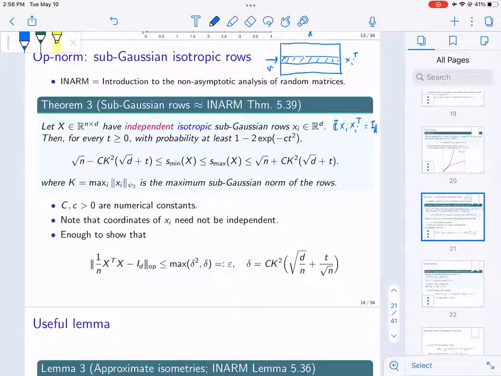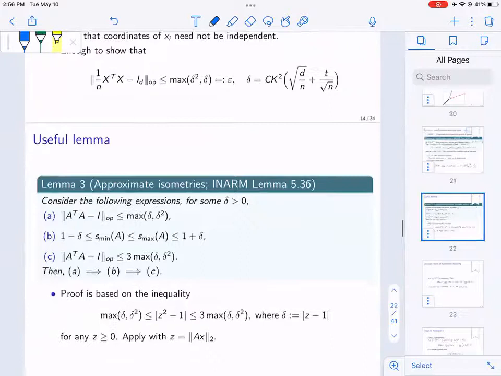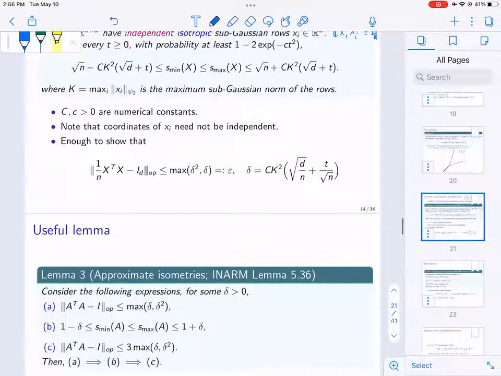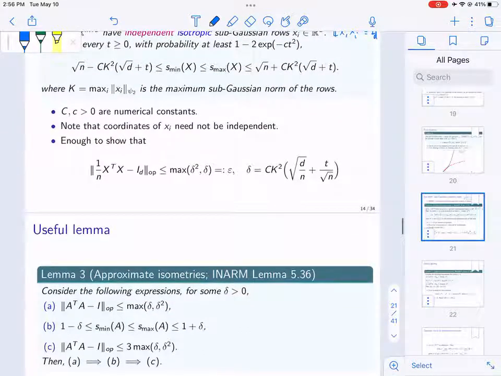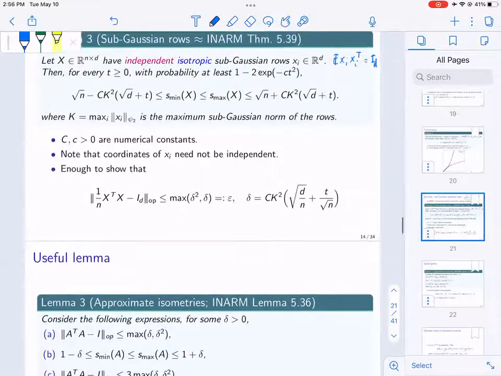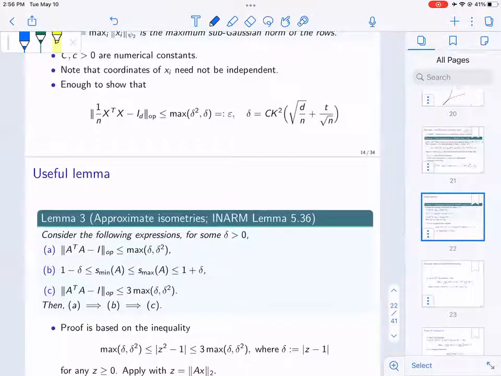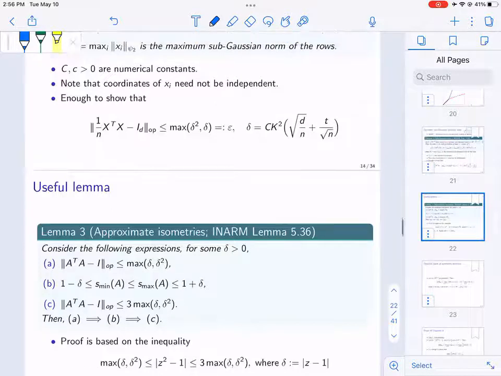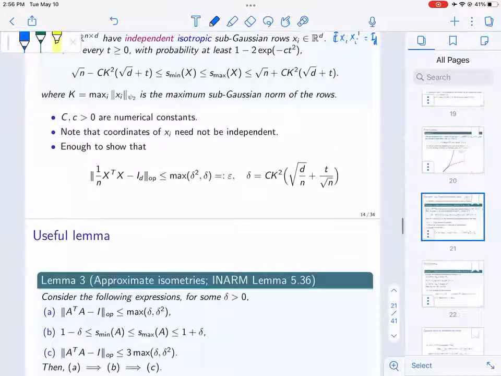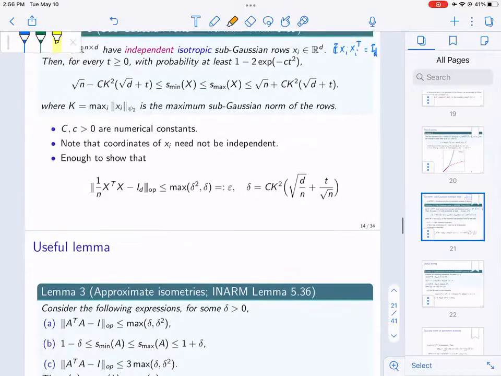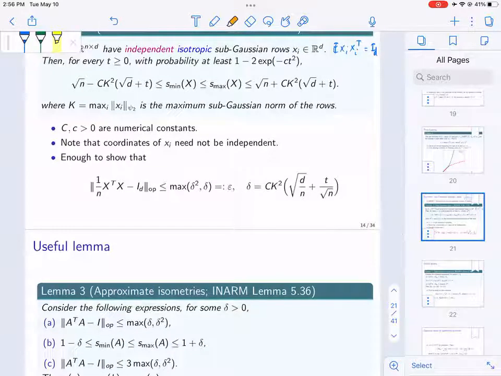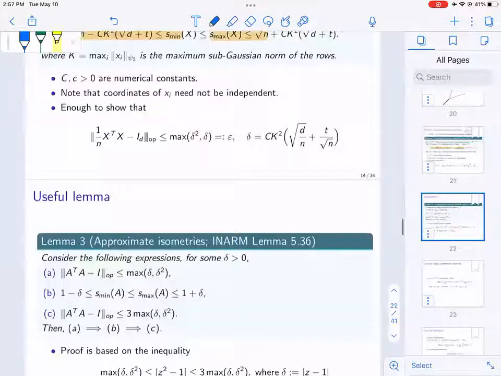Let me see if I want to talk a bit about this. So what we're saying is this is equivalent to this.